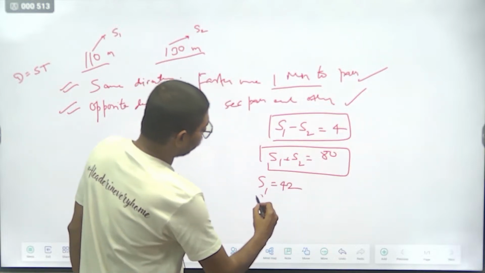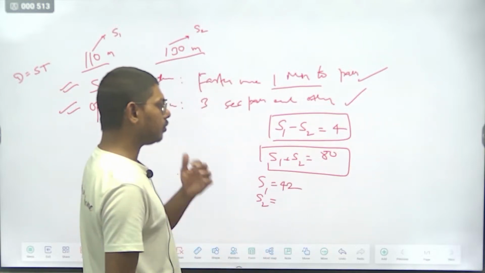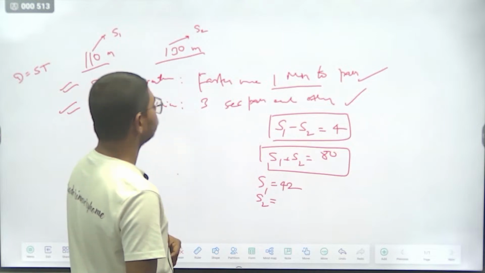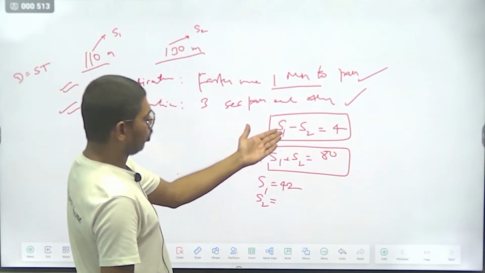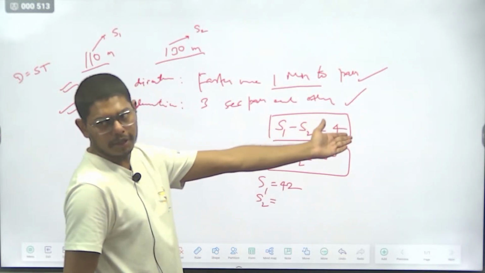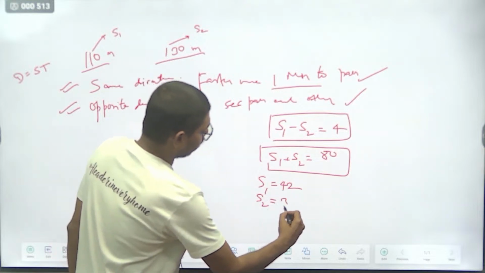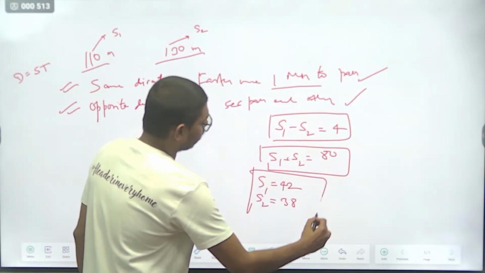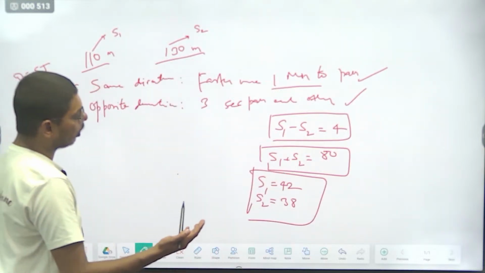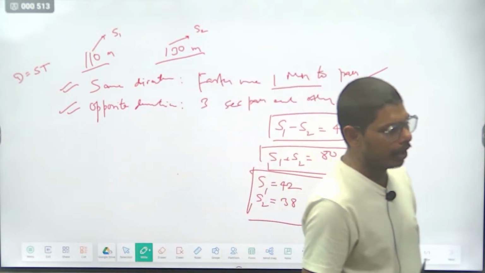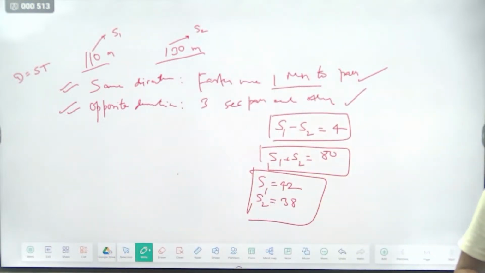S2 is how much? 42 minus what number should give you 4? So 38. That's your answer. What was the unit we were working with? Meter per second, right?